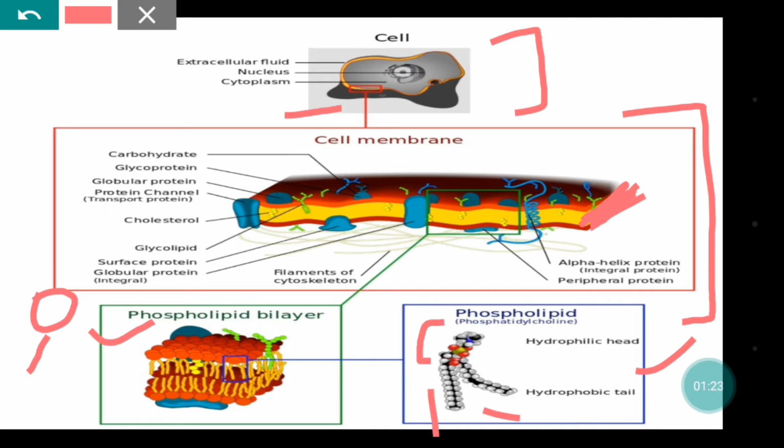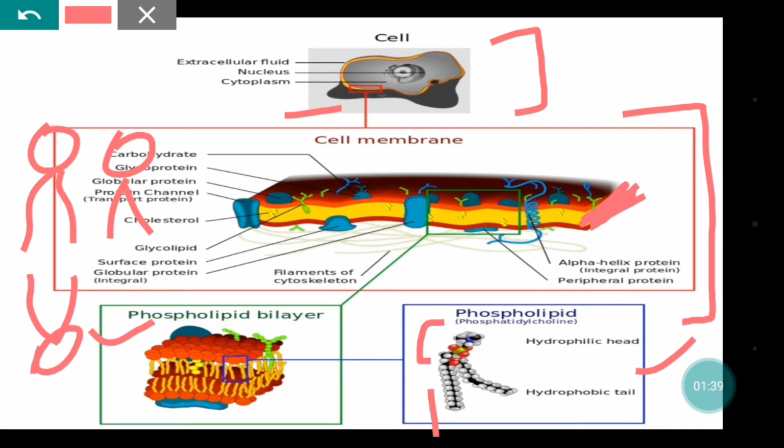This is the head, this is the tail, and again like this. So these are the phospholipid bilayer, and it is arranged somewhat like this. Here in this picture you can see it very well.